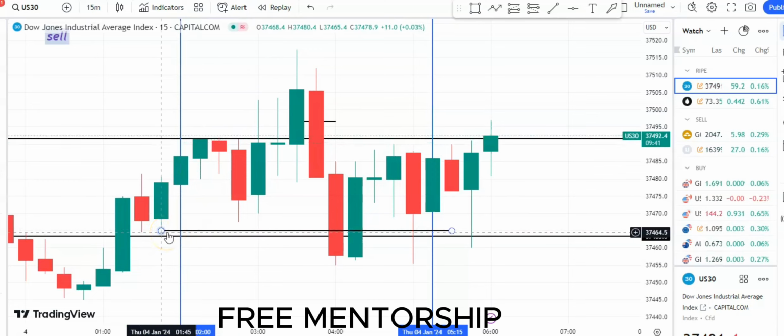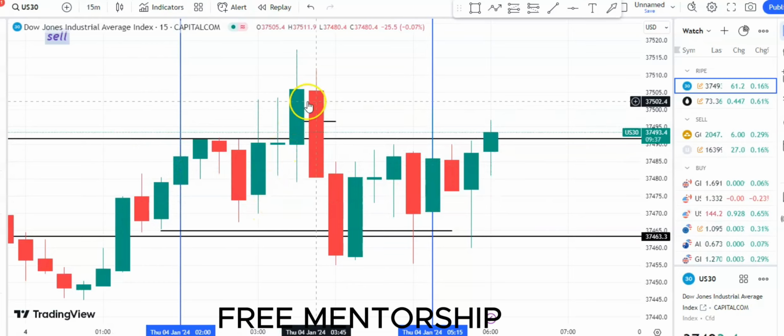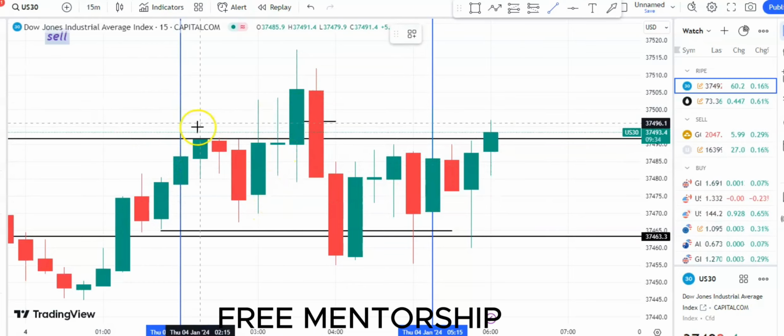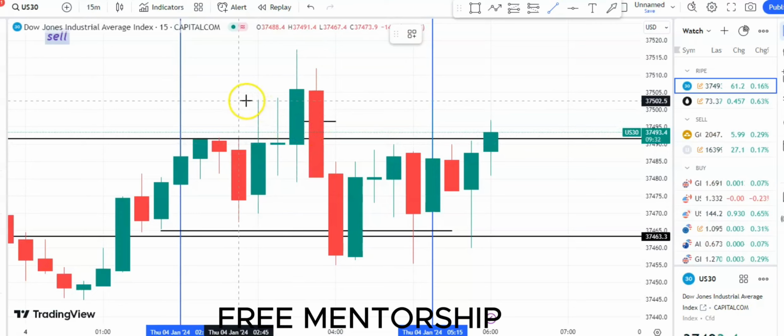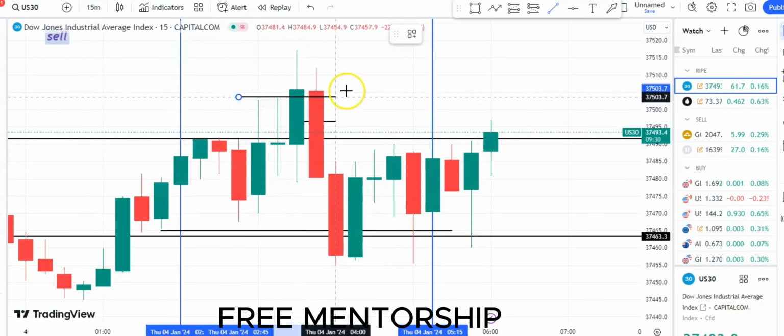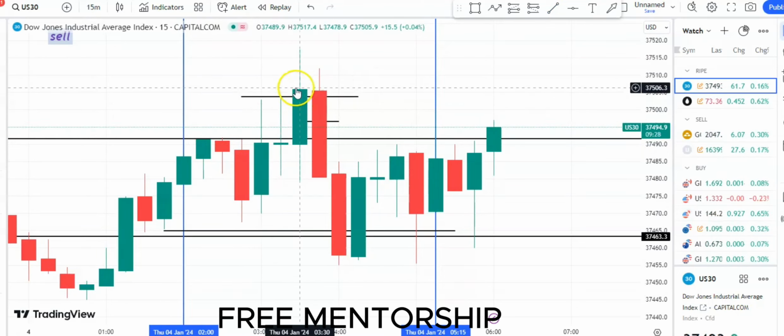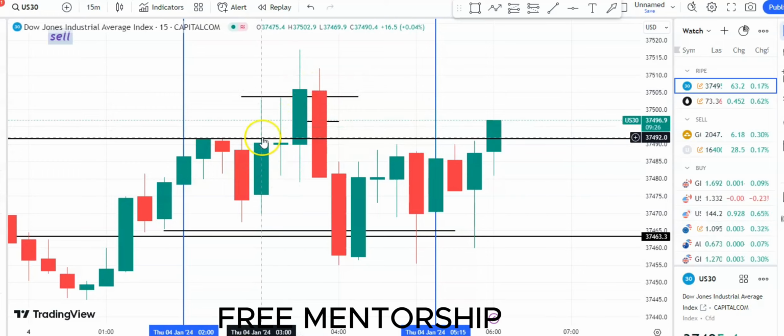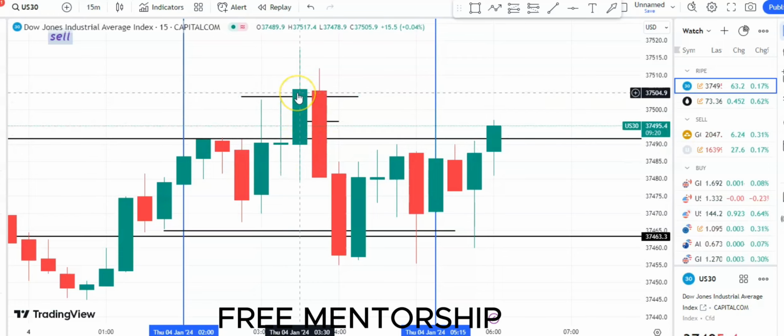The target is the low of the session. And then once we have everything set up, what tells me that this setup is ready to be looked at is once this candle closes outside. This was a pin, so I want to see a breakout, the candle closing outside of the range. That tells me, okay, look at this setup.